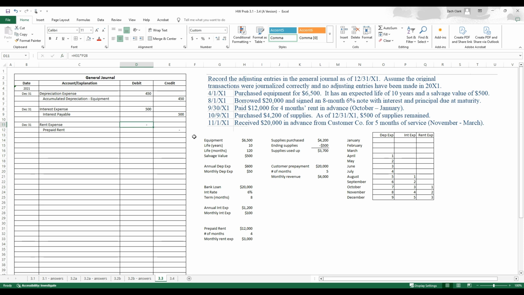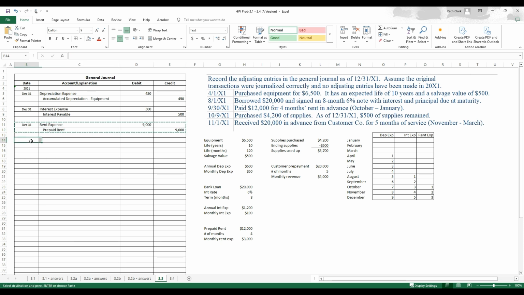We already paid it up front, but we are reducing the amount that we had as a prepaid rent asset. It was 3 months, and the monthly rent here is $3,000 times 3 months that we have been in the office location. And so that will reduce our prepaid rent by $9,000 and leave $3,000, which will reflect 1 month left, just for January.